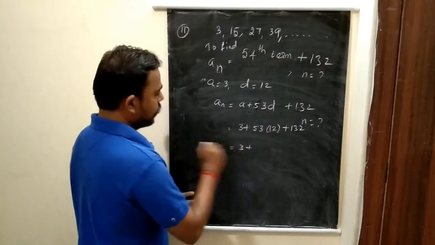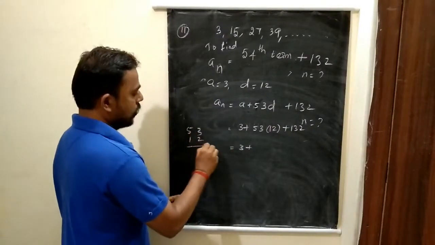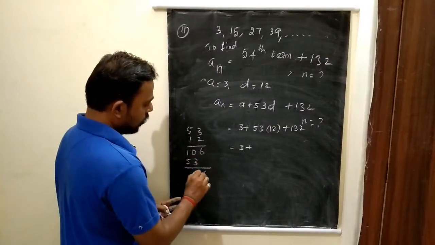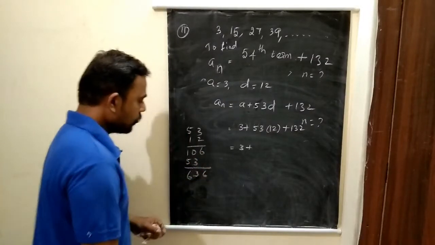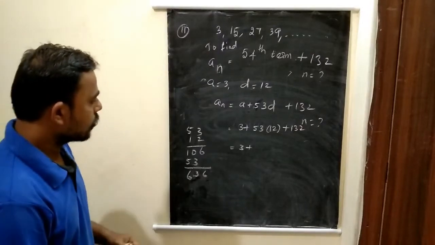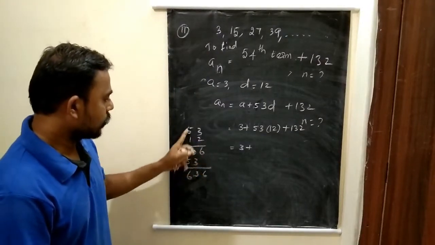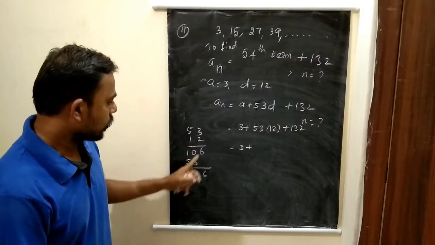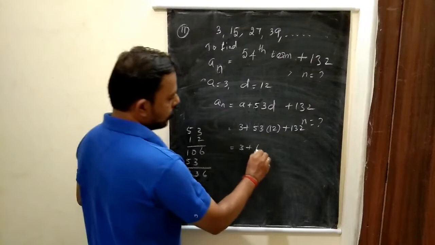So 3 plus 53 into 12: 2 3s are 6, 2 5s are 10, 1 3s are 3. Okay, 636.